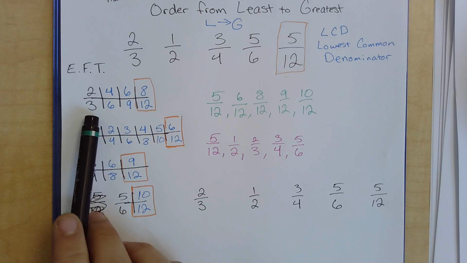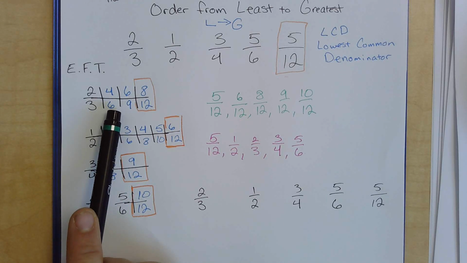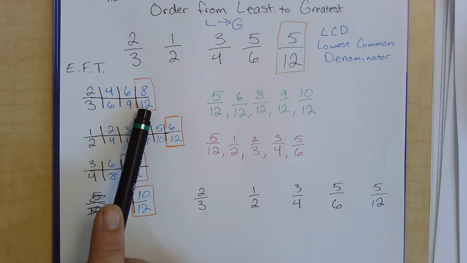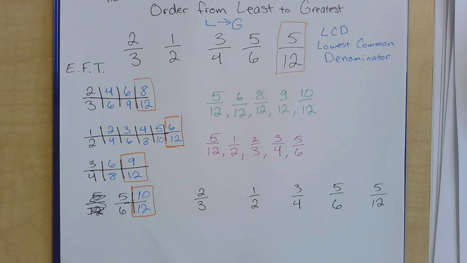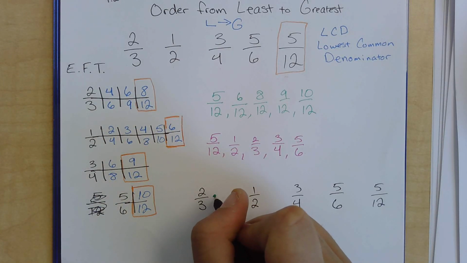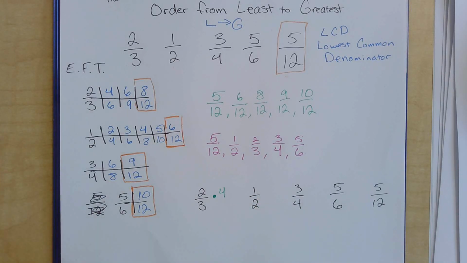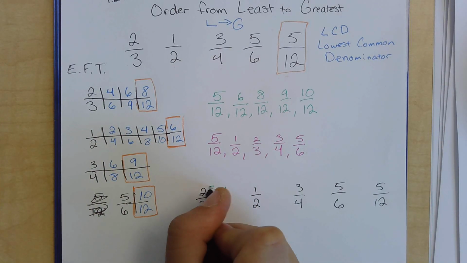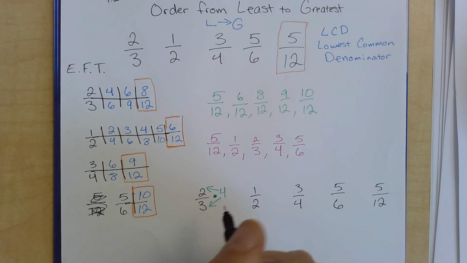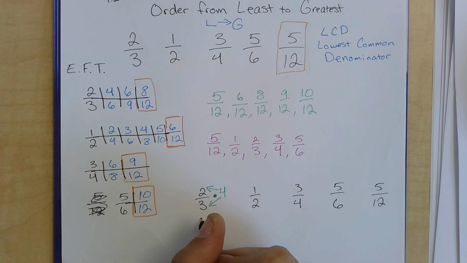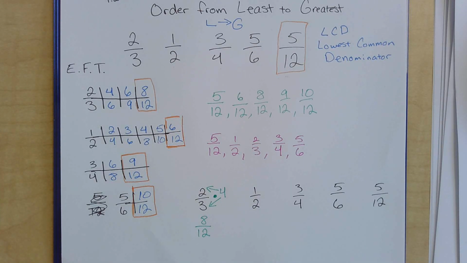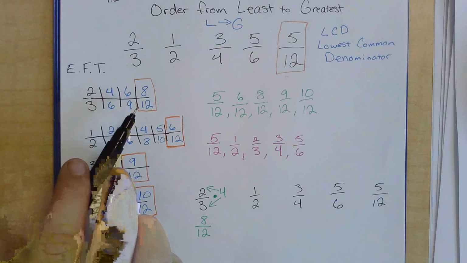Well, that's 3 times 1, 3 times 2, 3 times 3, 3 times 4. So I'm going to write times 4. I'm going to multiply my numerator and my denominator by 4. That now gives me 8 over 12, exactly what we got on the first one up here.